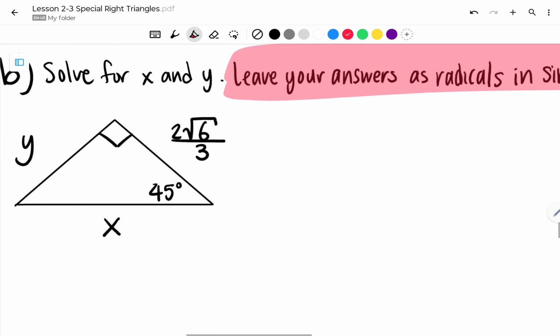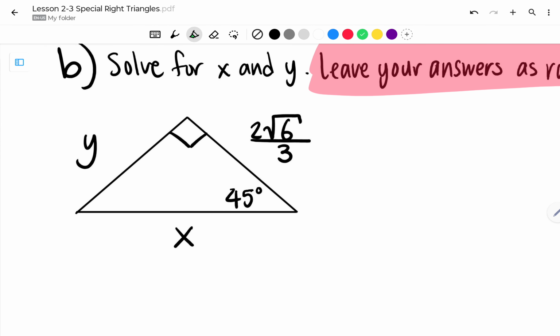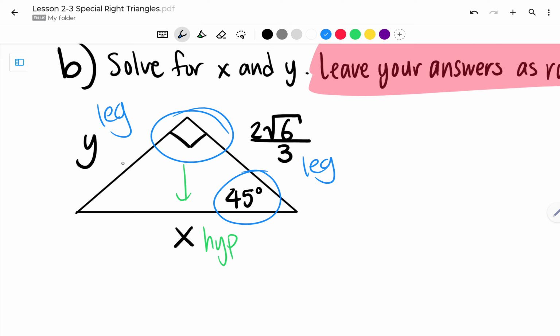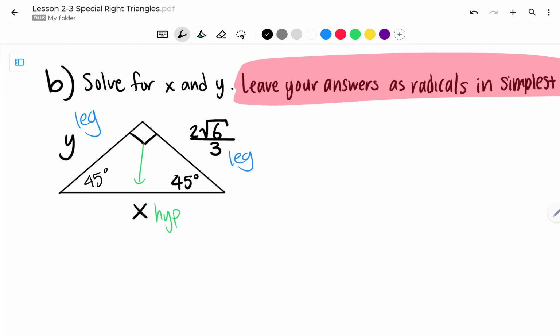So let's go ahead and solve this the way we know. You can label first: hypotenuse, leg and leg. Right? This is a 45, 45, 90. Okay? I see that. Again, the leg y is equal to 2 square root of 6 over 3.